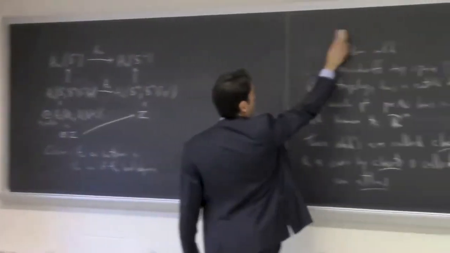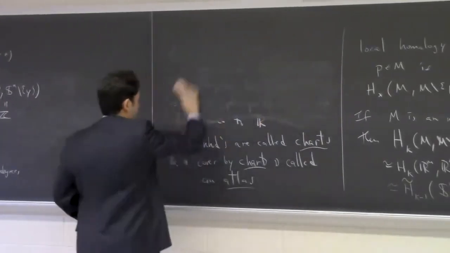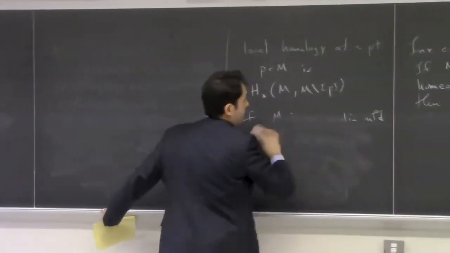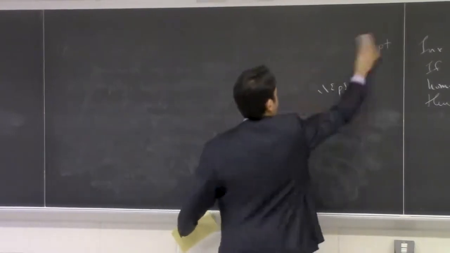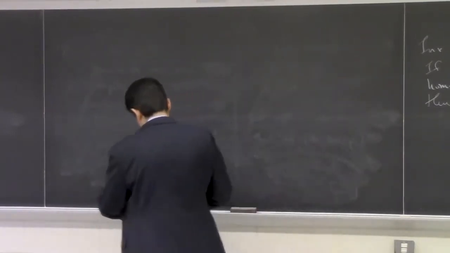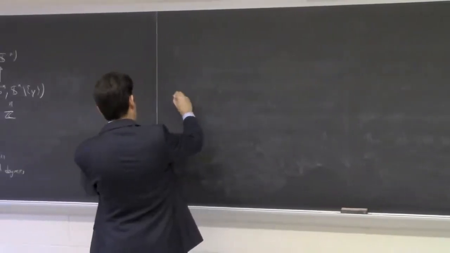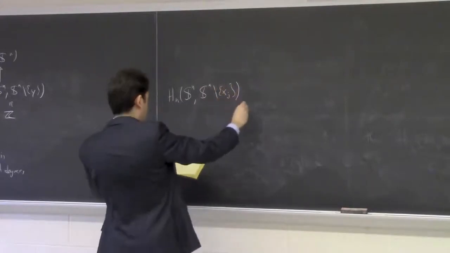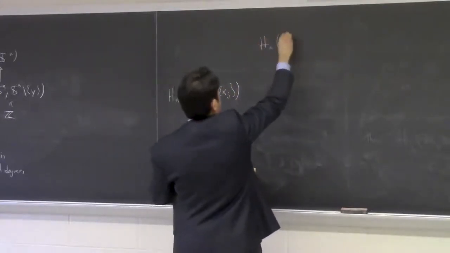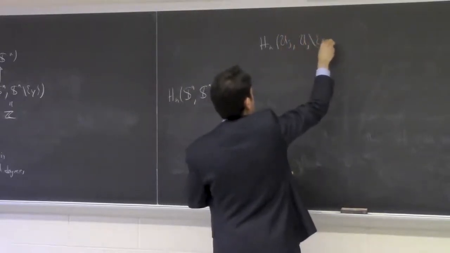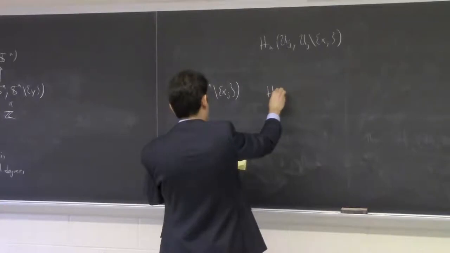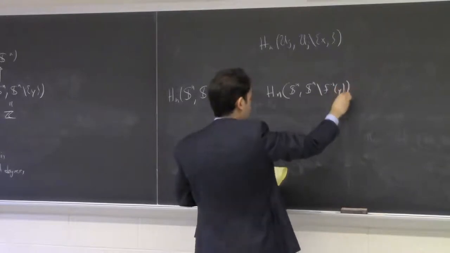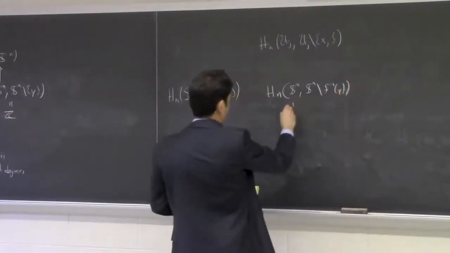Okay, so here's a diagram. So let's put Hn of this one here, which we would call the direct sum.